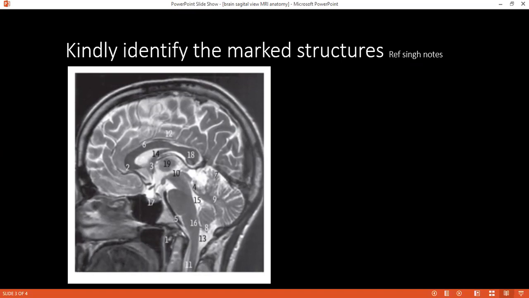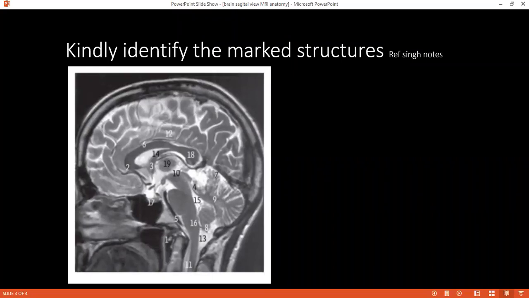From fourth ventricle, it goes through 3 openings, foramen of Magendie in the center, and laterally the foramina of Luschka. It goes via the spinal cord, and it is absorbed from the arachnoid layer. Okay.